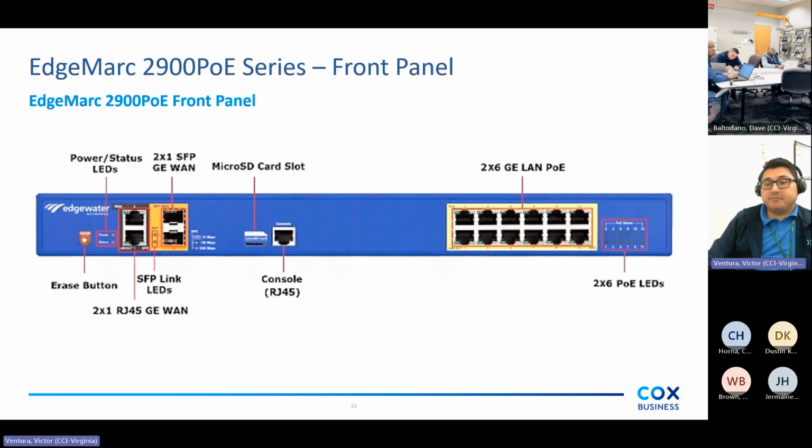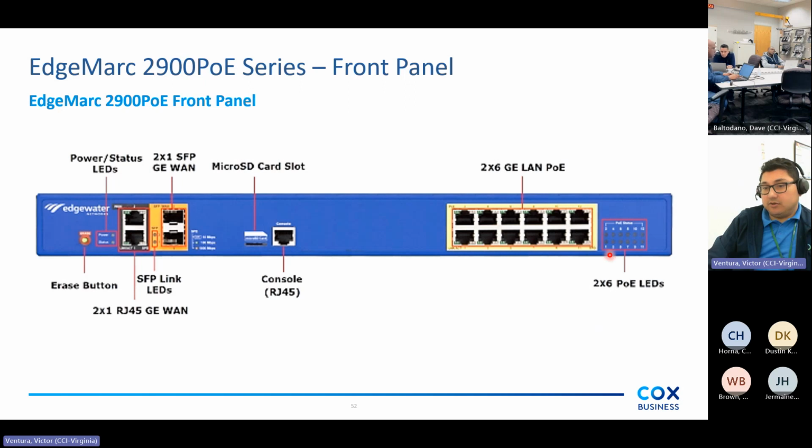Here's the 2900 PoE. Erase, WAN, it's all the same. Configuring the device is the same way as the 2900 without the PoE ports.